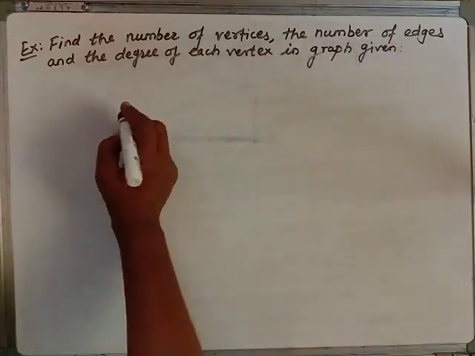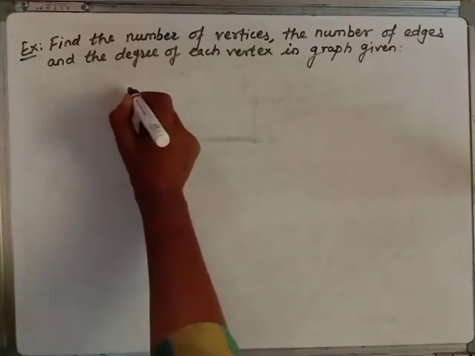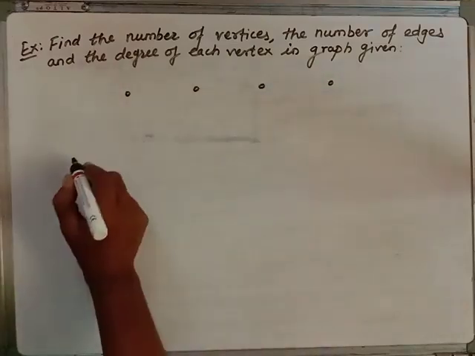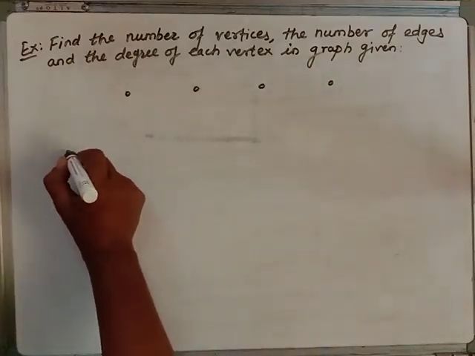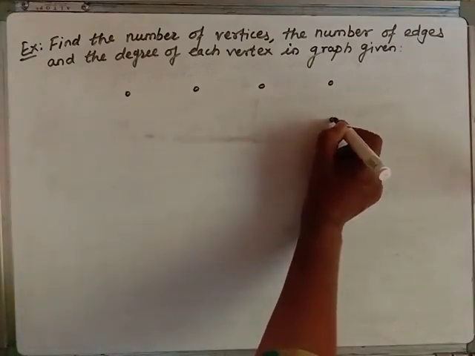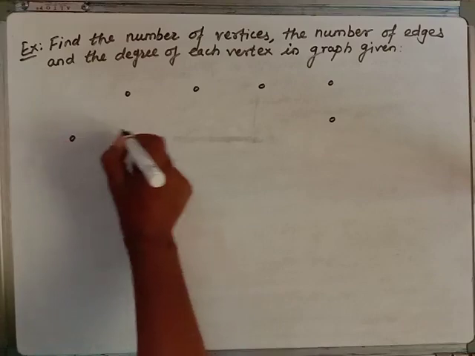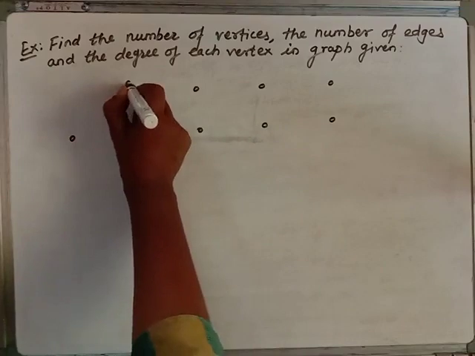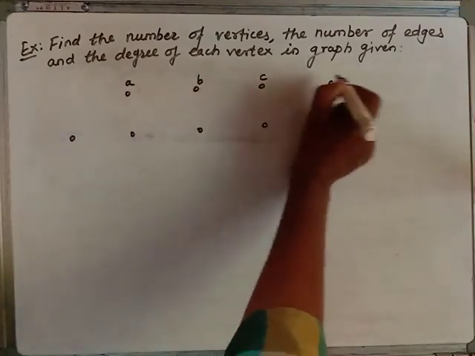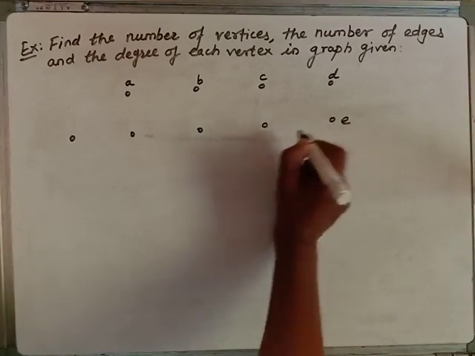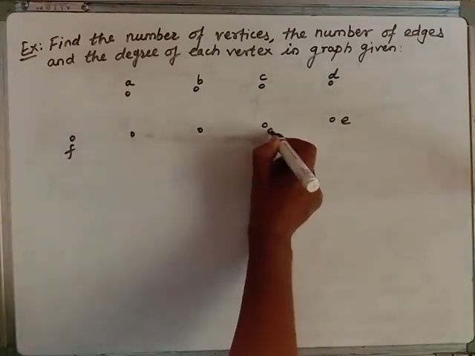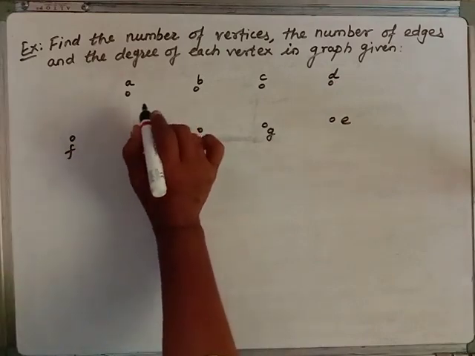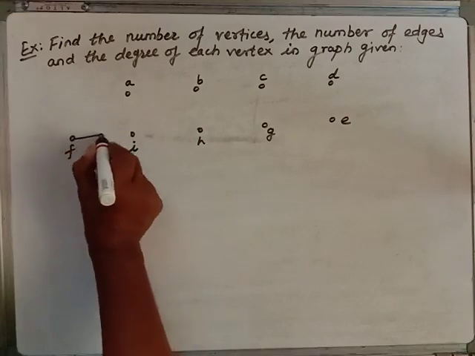Now what was the graph? The graph is, suppose, vertices A, B, C, D, E, F, suppose G, H and I. Then there are edges between these.